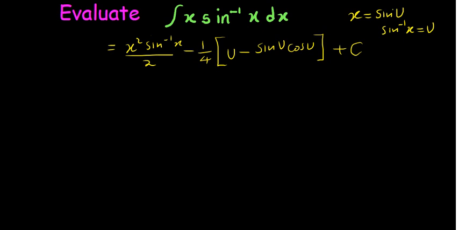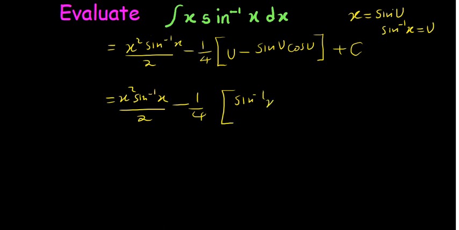So this is going to be equal to x squared sine inverse of x divided by 2, and then minus 1 over 4. Where there is u, we are going to put sine inverse of x, minus, now here we have sine of u and then cosine of u.